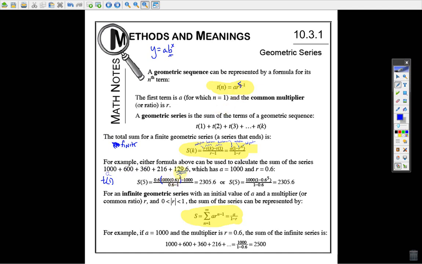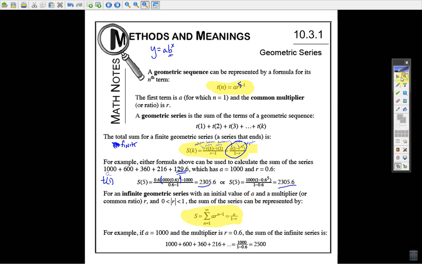So this parentheses is going to equal 129.6. Then we subtract 1,000, and then we have 0.6 minus 1, which gives us 2305.6. If we use the second equation here, then we have 1,000 times 1 minus 0.6 to the 5th over 1 minus 0.6, and we get the same answer.